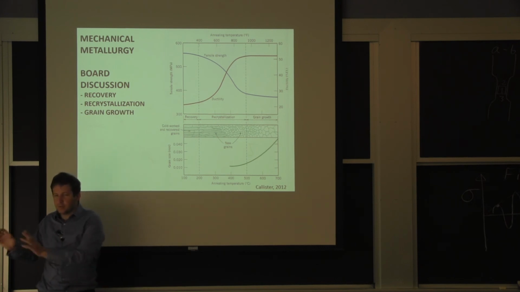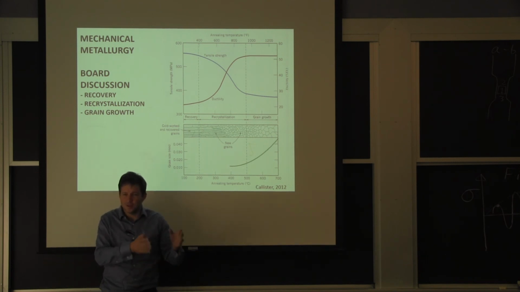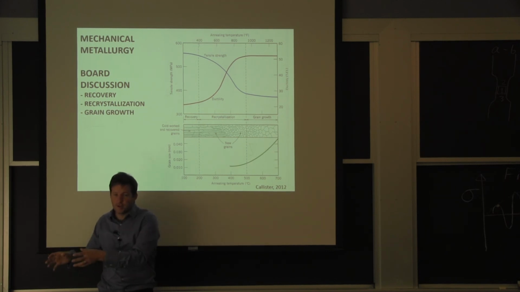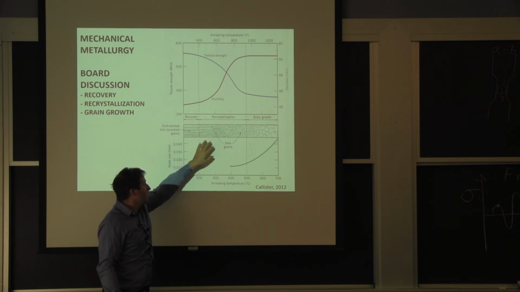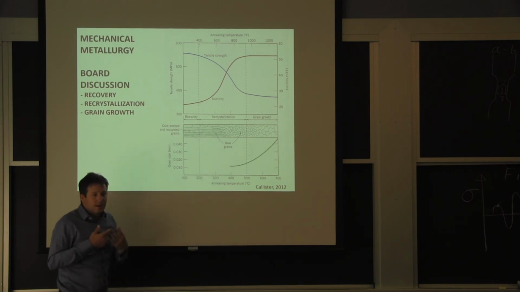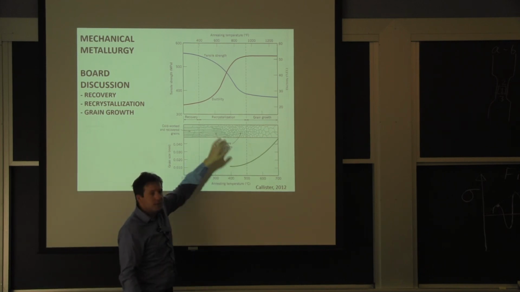It's a little bit like my room is full of crap and I gradually start moving into the storage unit and I organize it. So as I go, I'm really reducing the level of disorder, but I need a place to do it. I took a certain space to start organizing myself, and that's a triggering event here. You need to have some nucleation site that's going to allow you to start growing these grains.